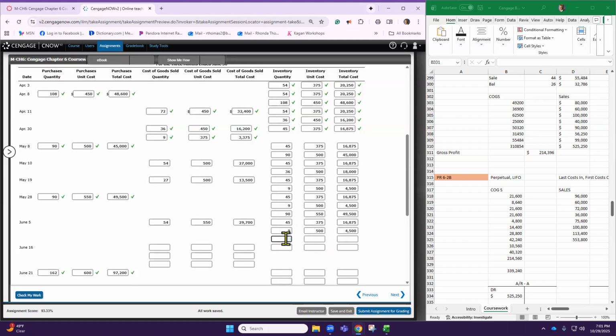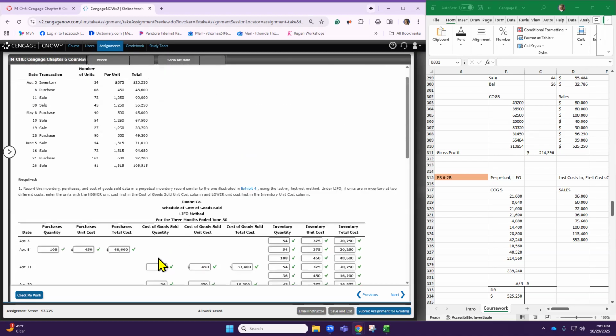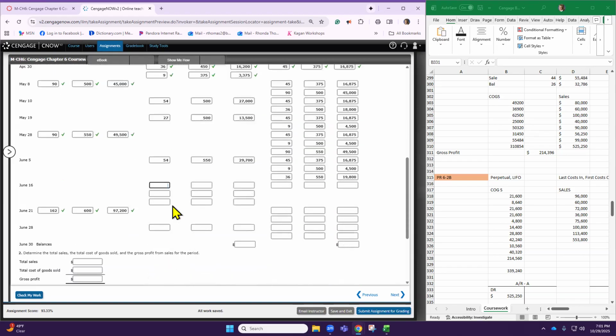And we take 90 minus 54, and we have 36 of the newest cost times 550 is 19,800. Okay, now on June 16th, we're going to sell 72.